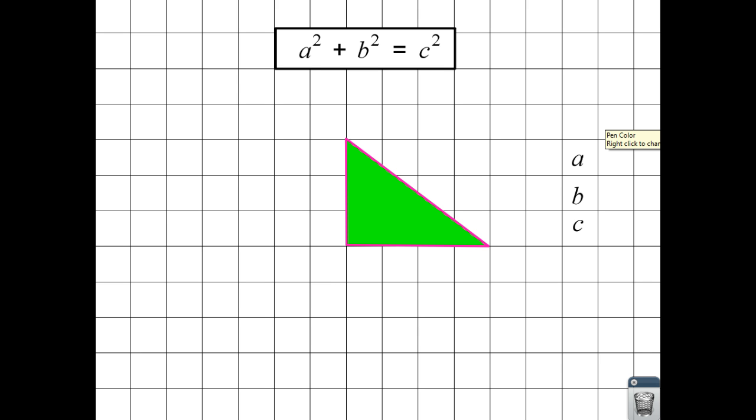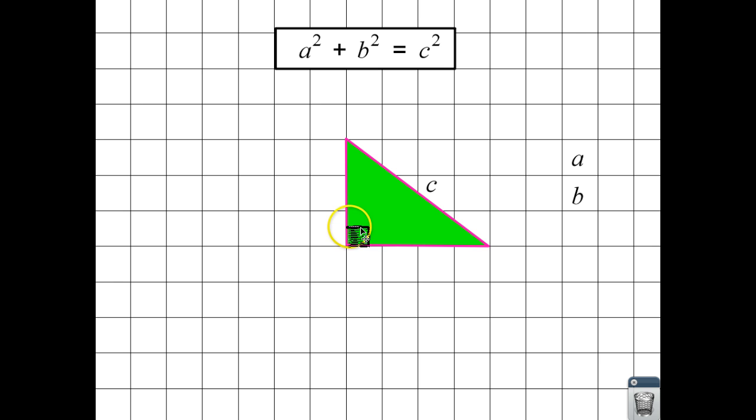Special note: this theorem will only work with 90-degree right triangles, so it's important for me right now to put in that box. That box is important because knowing where that angle is tells me where the most important leg is, and the most important leg is known as C. From your terms, C is the hypotenuse, the slanted line directly across from your 90-degree box.